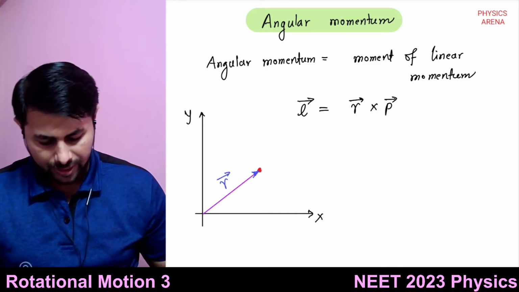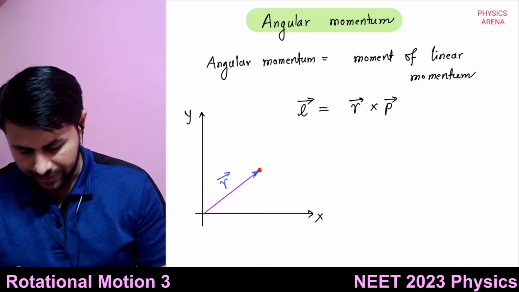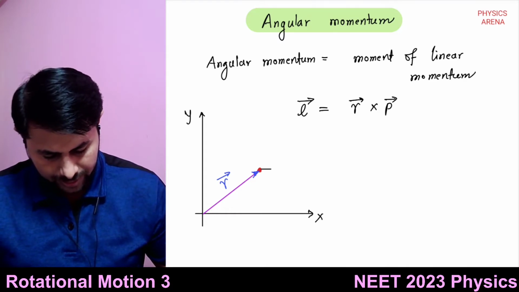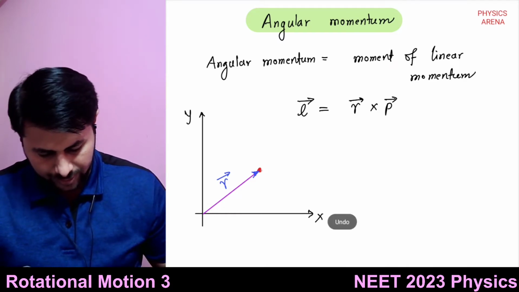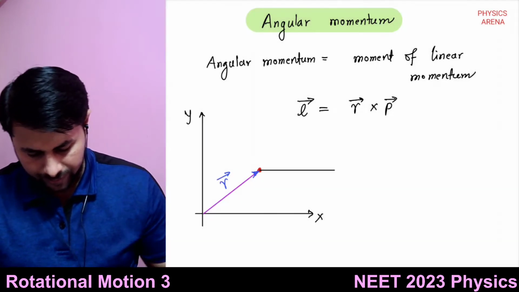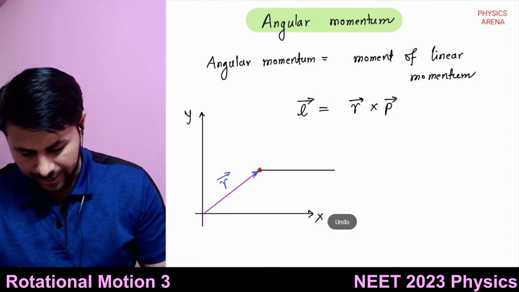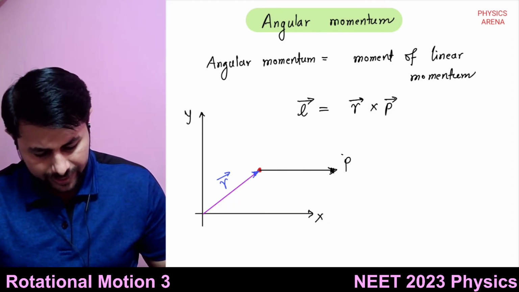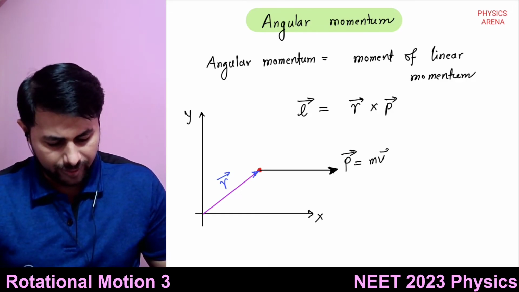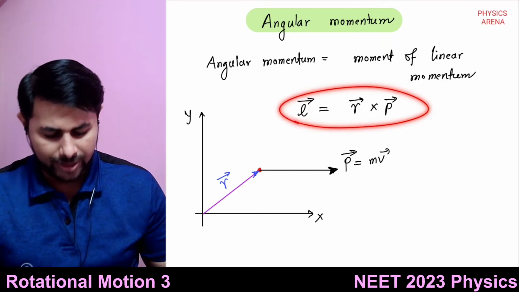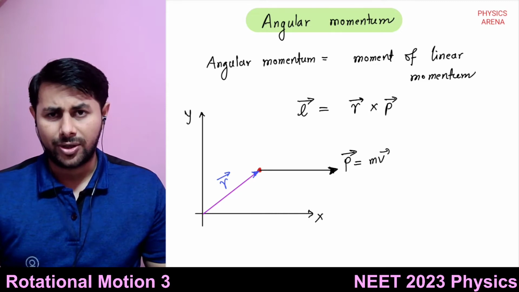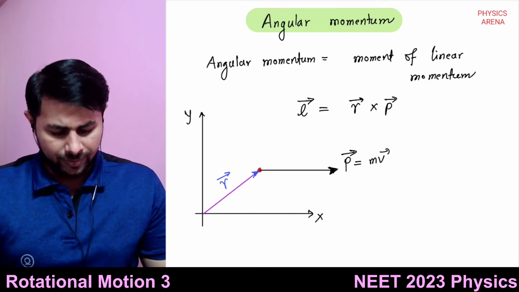Suppose it is moving in this direction with some velocity. So it will have some momentum in this direction, right? p bar is its momentum, and p bar is m into v bar. How do we define its angular momentum? It is r bar cross p bar.